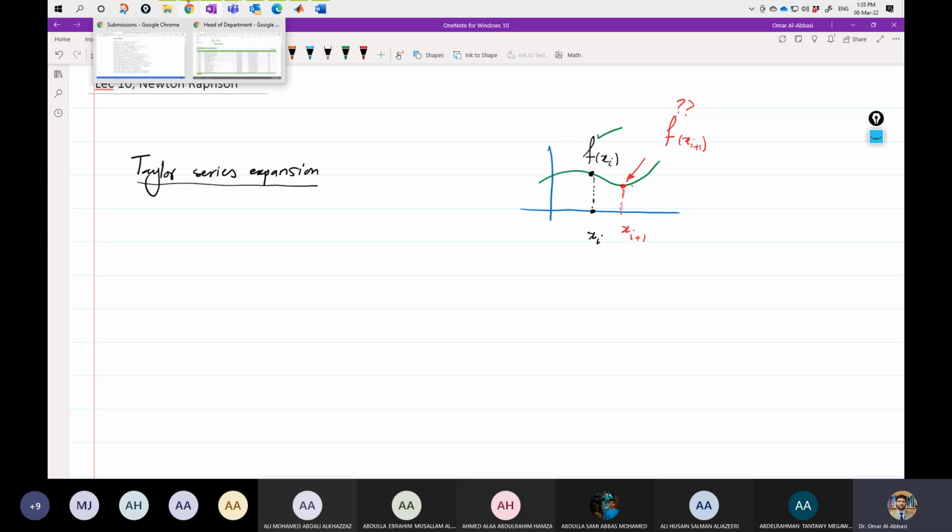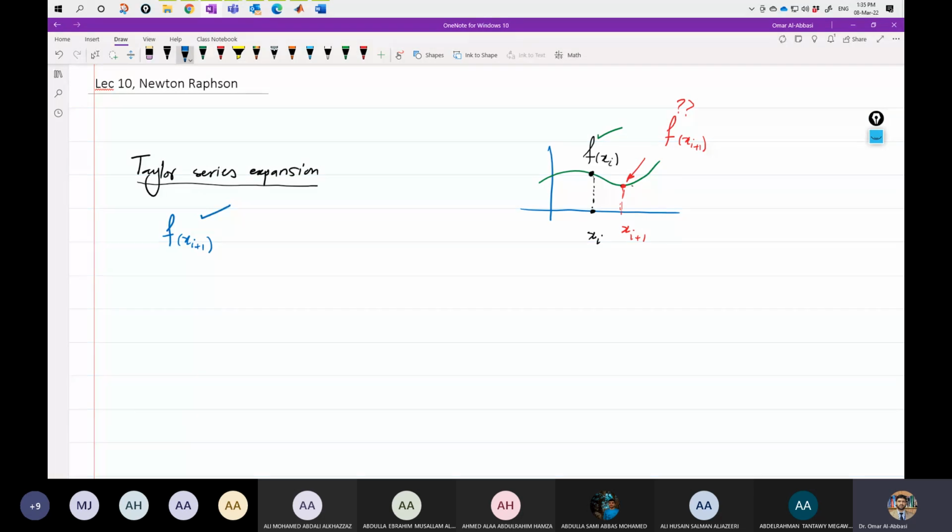So Taylor series expansion says, f at xi plus 1 is known if you know the value of the function at xi, plus xi plus 1 minus xi, basically that distance, multiplied by the derivative at xi.